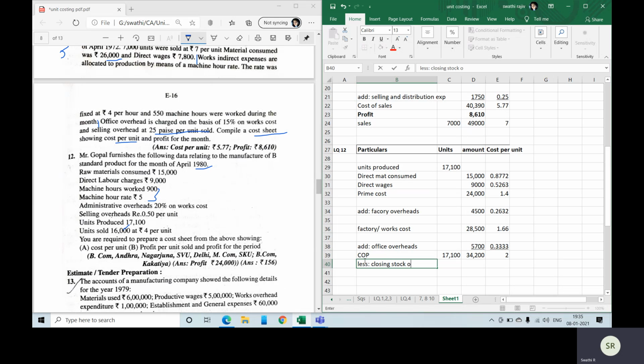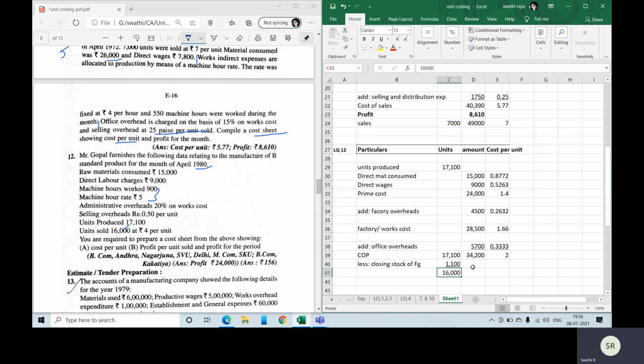Closing stock of finished goods is how much? It is 17,100 minus 16,000. It is 1100. You have to deduct this. So after deducting, you will get 16,000. Finally, this is what you're going to sell.